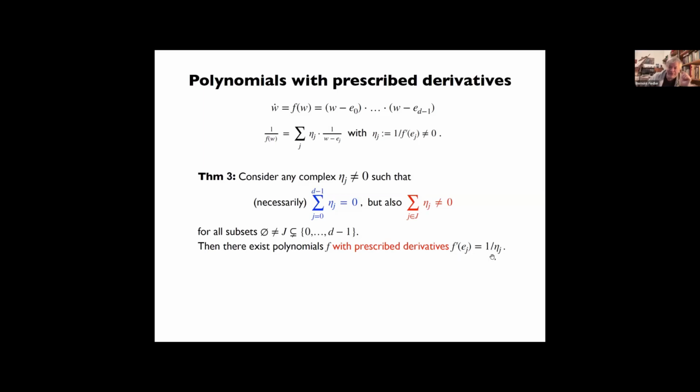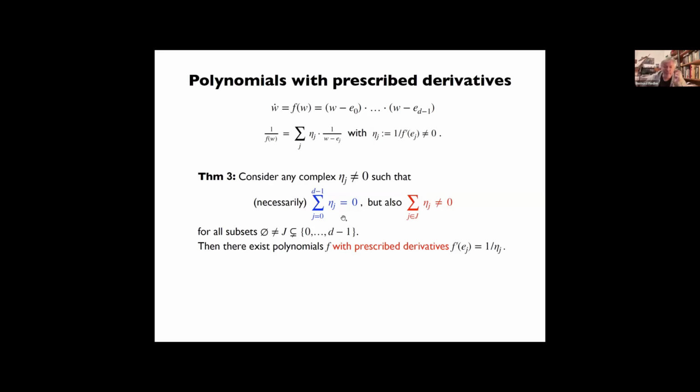This is an ODE talk, which I can give at another time. But there is a constraint. These reciprocal derivatives have to sum up to 0. This is simply because these are the residues of 1 over F. And if I take a large loop enclosing all equilibria, I can retract this loop to infinity, where 1 over F is integrable, and therefore the residues must add up to 0.